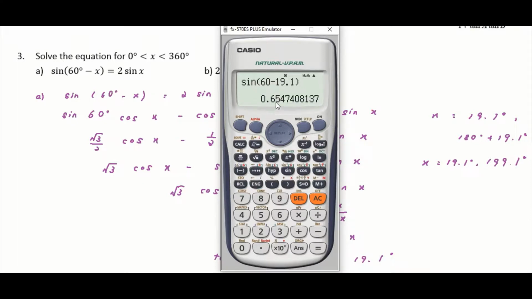So 0.64654. Then do the same thing: 2 sine 19.1 and check whether your left and right are the same or not. So yeah, 0.64654 also, so you know that your answer is correct. Then you can check it again with 199.1.